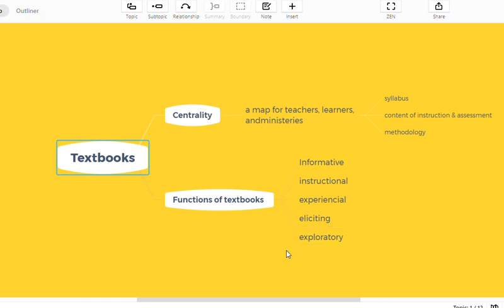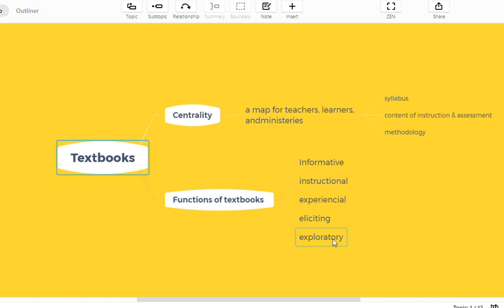And finally, textbooks have an exploratory function. They allow learners to explore and discover about language. Here, they inform students about language, but in the last one, they give students the space to discover about language.